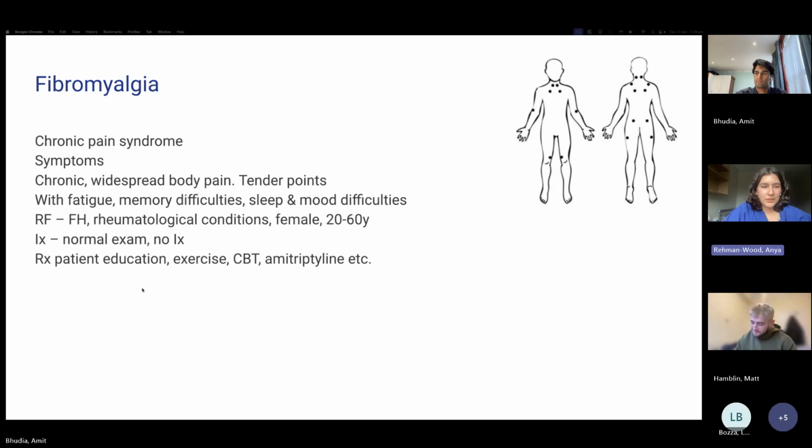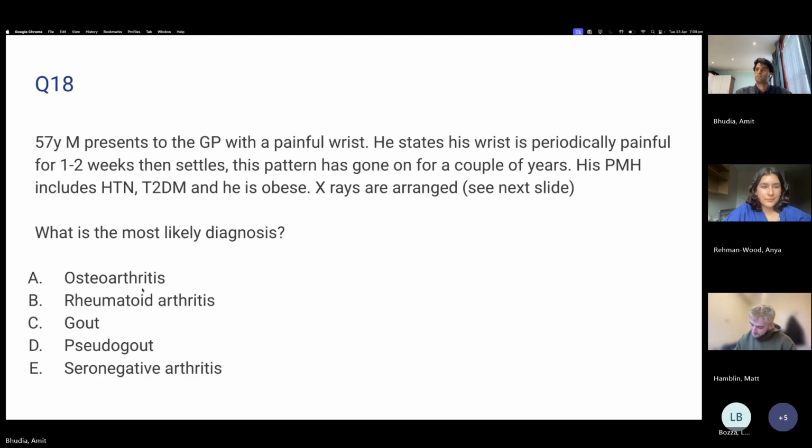So the next question. A 57-year-old male presents to the GP with a painful wrist. He states his wrist is periodically painful for 1 to 2 weeks and then settles. This pattern has gone on for a couple of years. His past medical history includes hypertension, type 2 diabetes, and he is obese. X-rays are arranged. So if we see the X-ray.